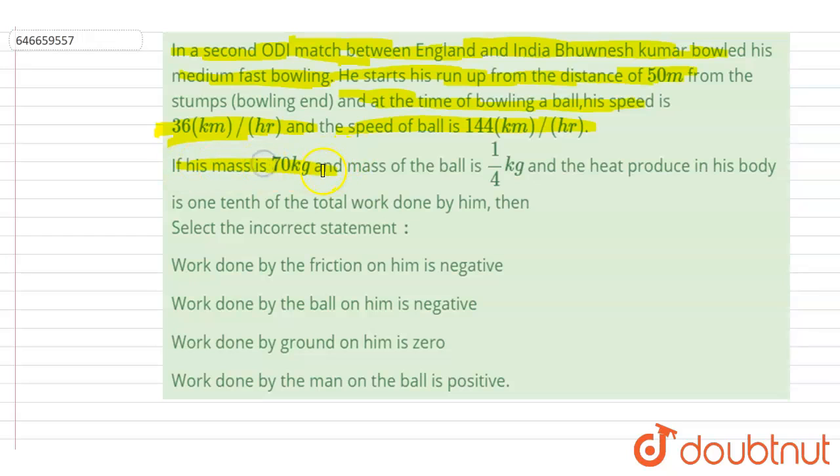His mass is 70 kg and mass of the ball is 1 by 4 kg. The heat produced in this body is 1/10 of the total work done by him. Then select the incorrect statement.